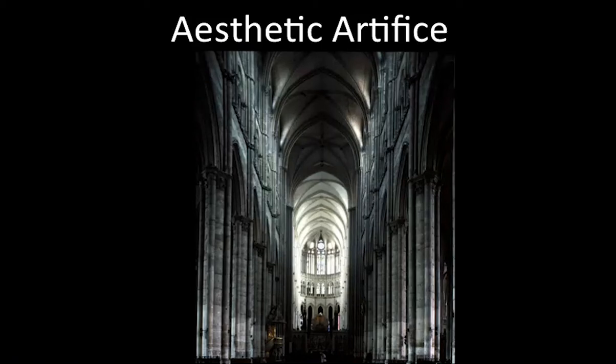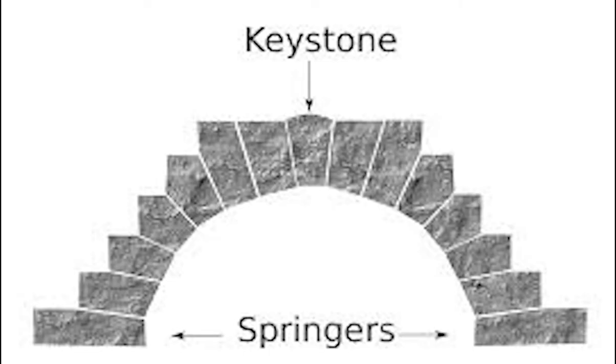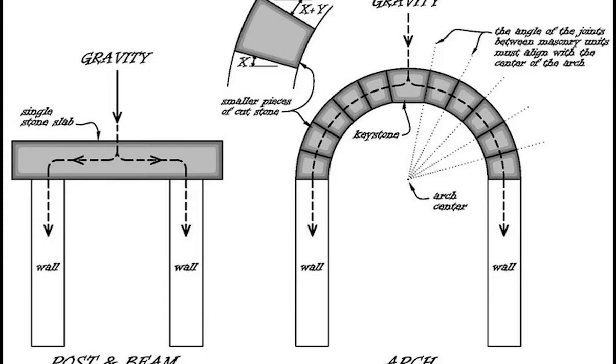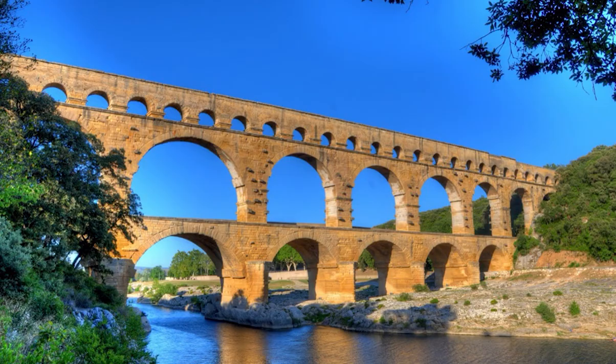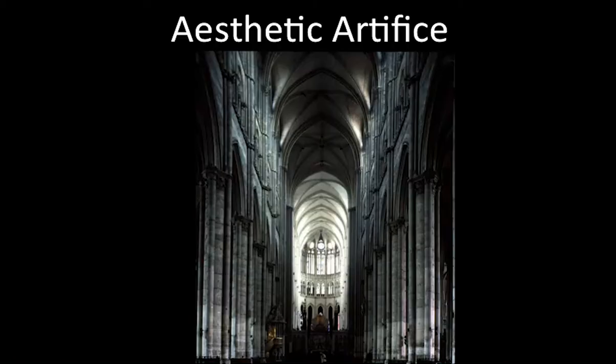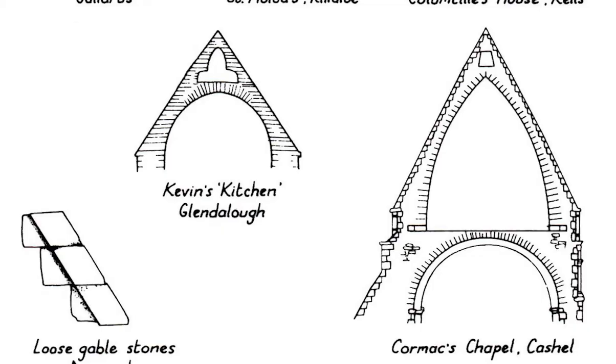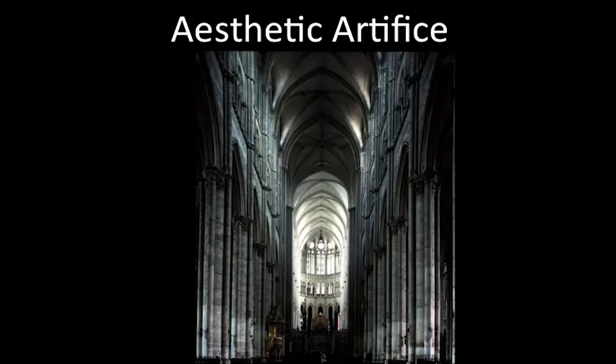So before the pointed arches of the Gothic architectural era, rounded arches were what was used to create these spaces. And the thing about the pointed arches and the rounded arches is that the rounded arches couldn't carry as much weight and strength at greater heights. Once they put a point on them, they realized they could go higher and higher and higher and push the limits of what the materials could withstand.